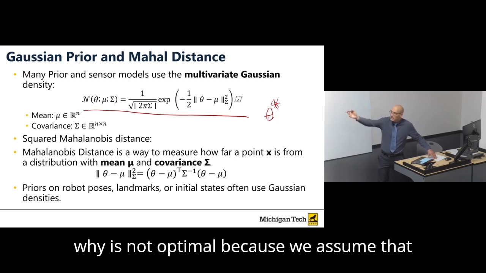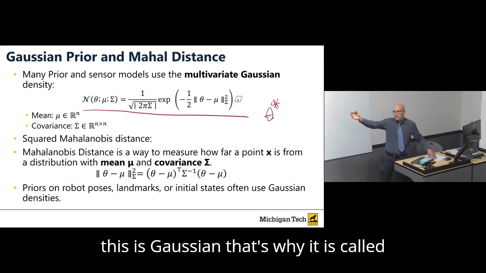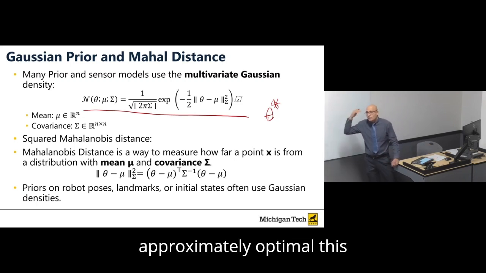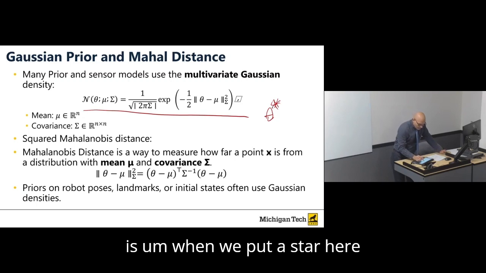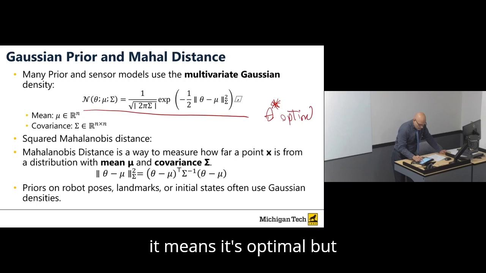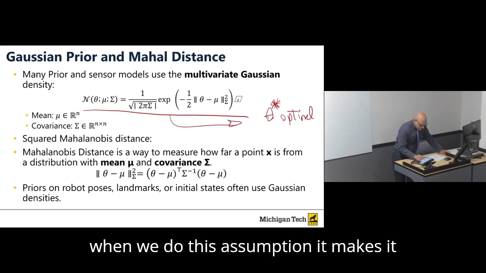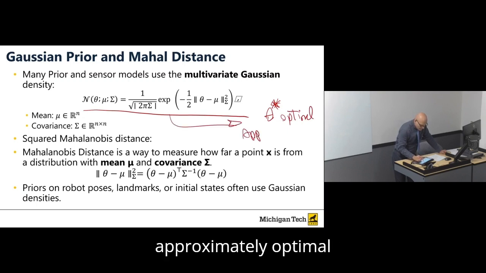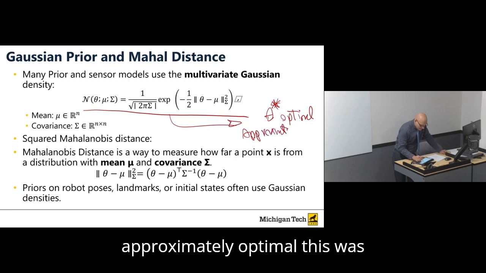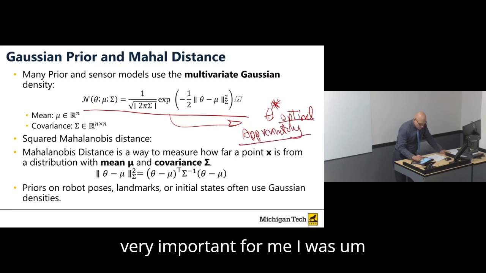Why is it not optimal? Because we assumed that this is Gaussian. That's why it is called approximately optimal. When we put a star here, it means it's optimal. But when we make this assumption, it makes it approximately optimal.